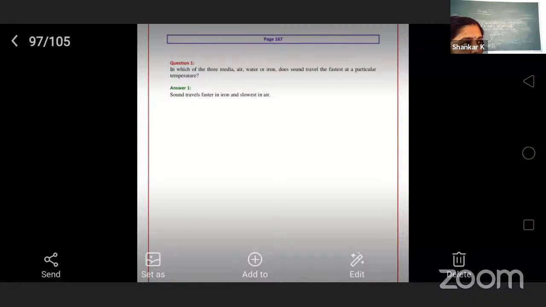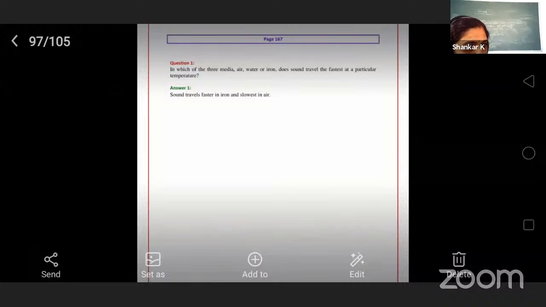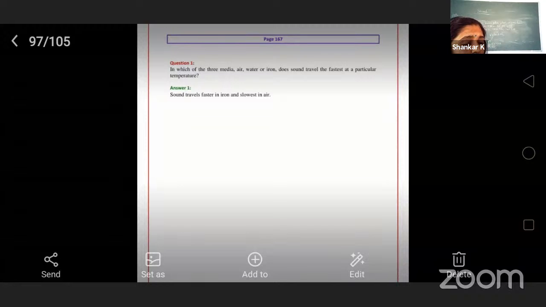Sound travels fastest in solid, then liquid, then air. Here iron is a solid, water is liquid, air is gas. So sound travels faster in iron and slower in air. You have seen the range of the speed of sound, right, students?